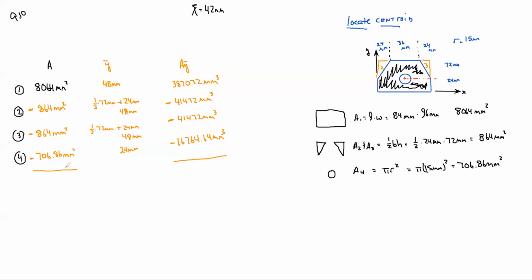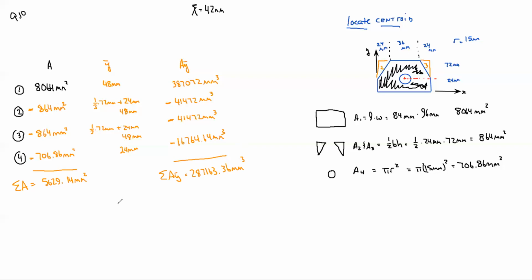So 8064 minus these 3 things gives us 5629.14 square millimeters. That was our summation of area. Summation of A y bar is 287,163.36 cubic millimeters.